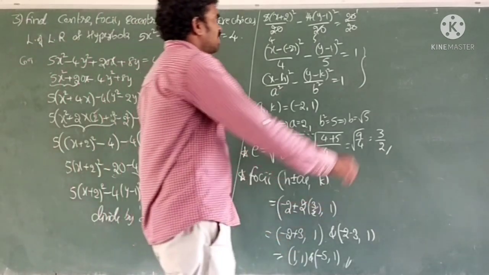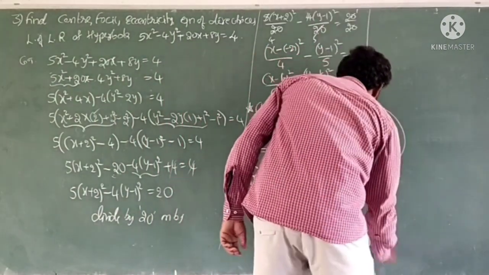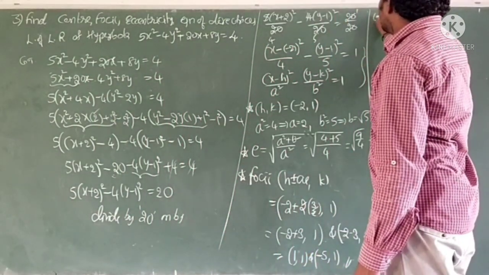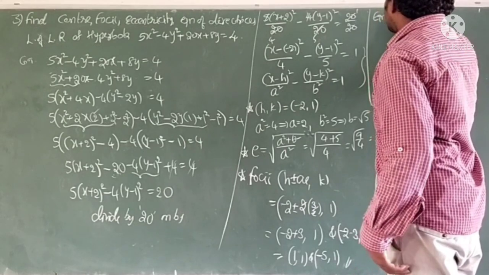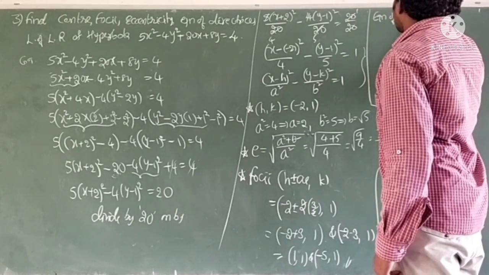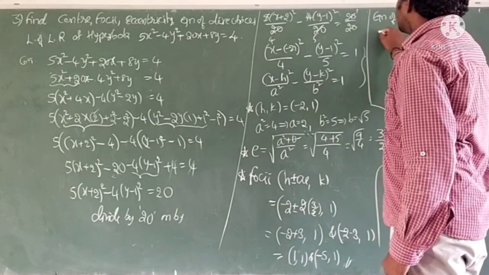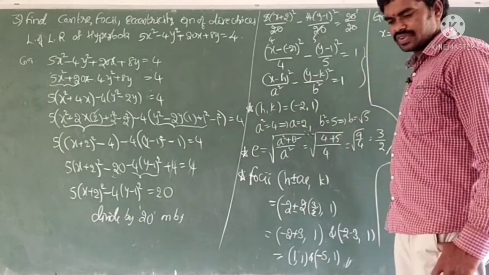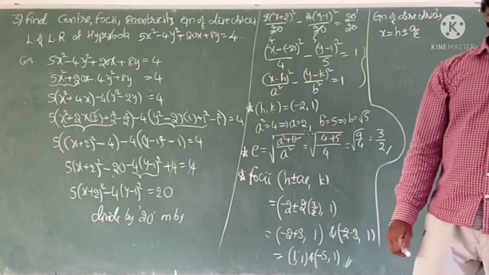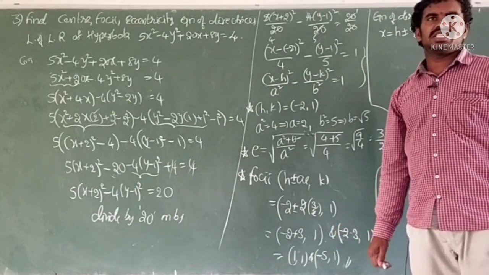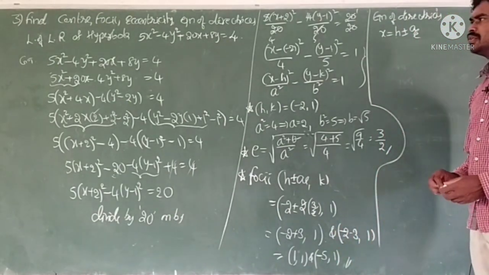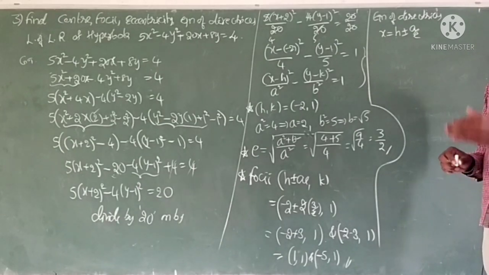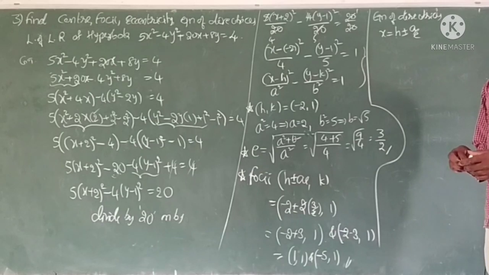So first, equation of directrices. That is x is equal to h plus or minus a by e. Remembering formulas is not difficult when you read the formulas in a certain order properly.